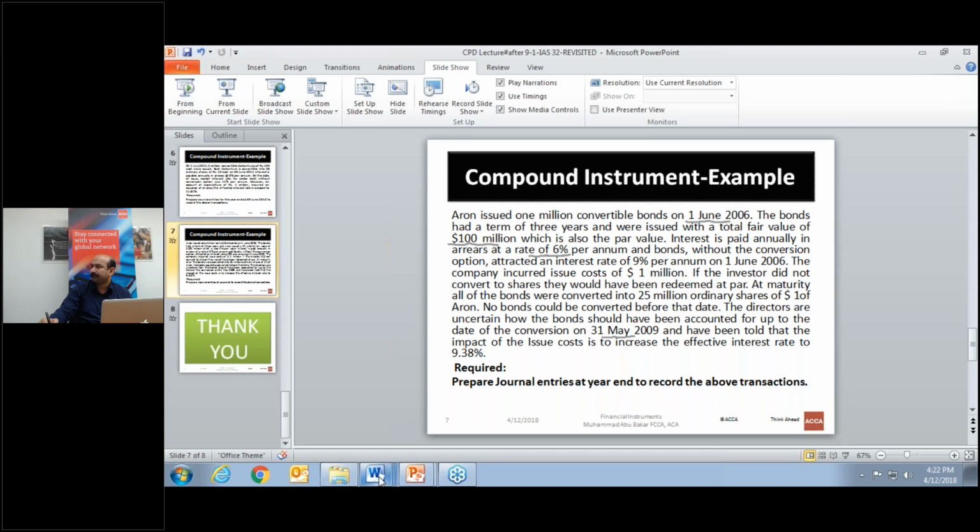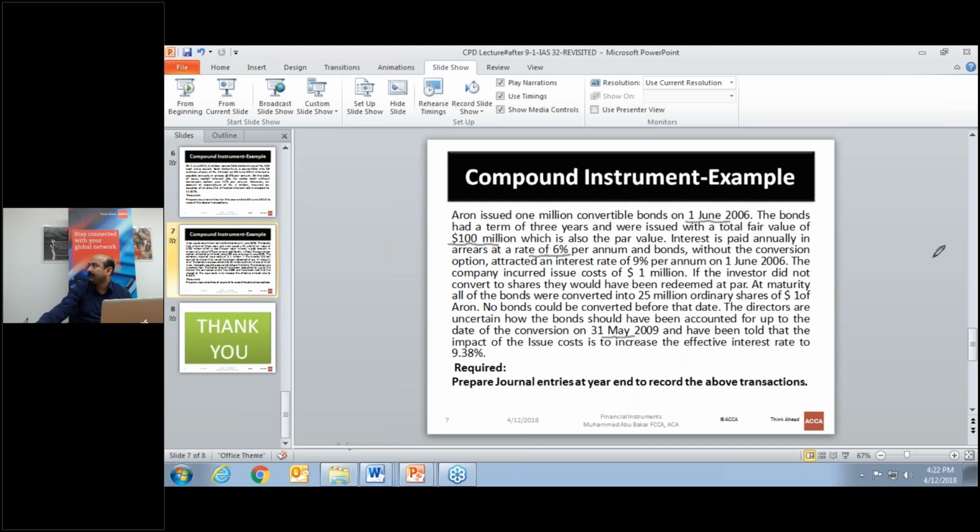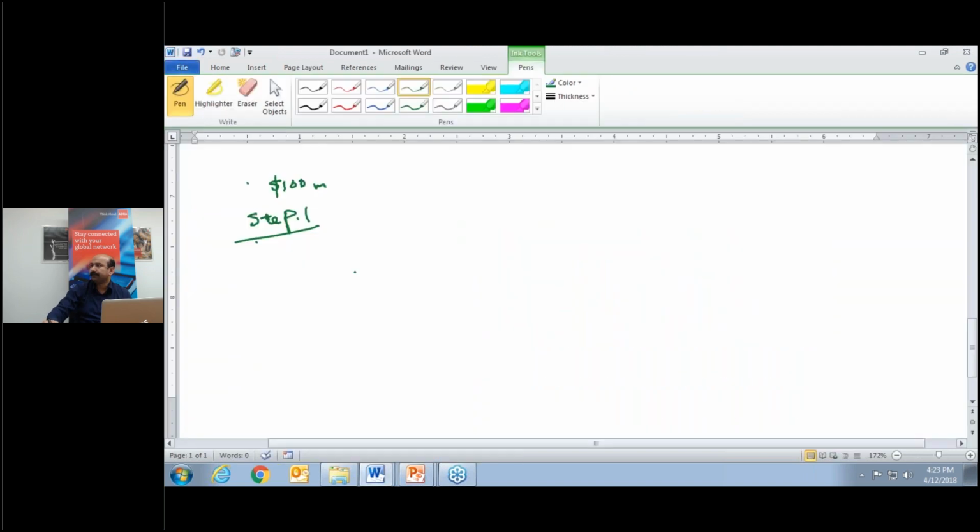So what will be the value for this? This will become step number 1. If we apply 6%, this will give us cash flows for years 1, 2, 3.